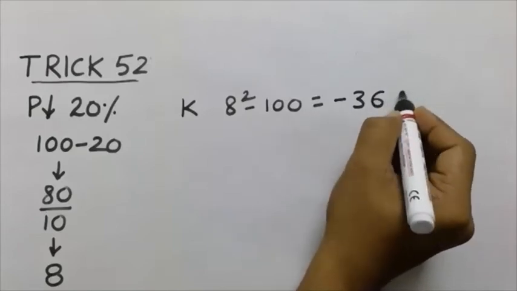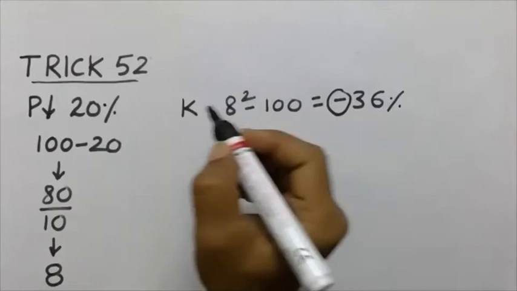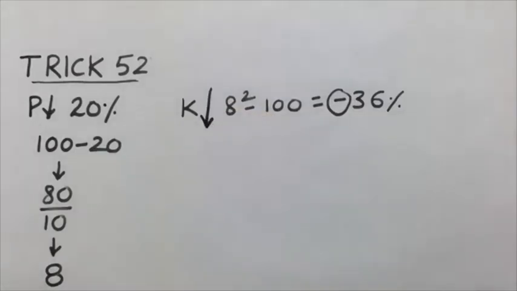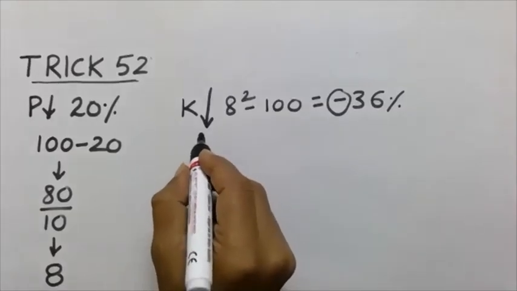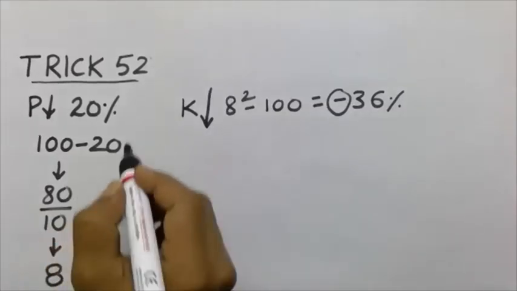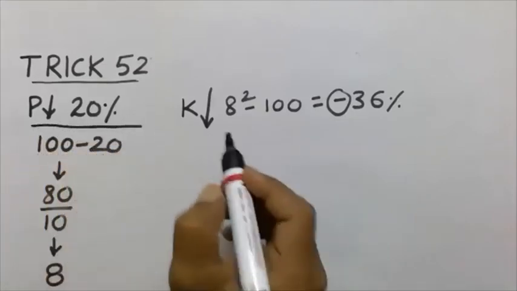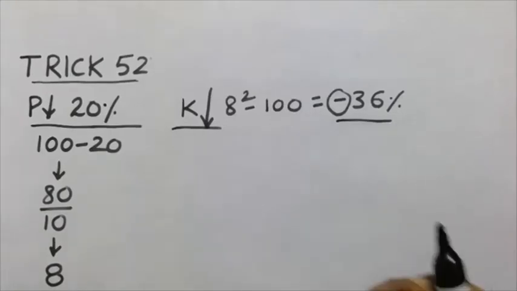This minus indicates that there is a decrement in the kinetic energy. So if momentum decreases by 20%, kinetic energy decreases by 36%.